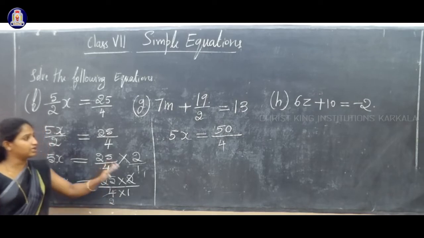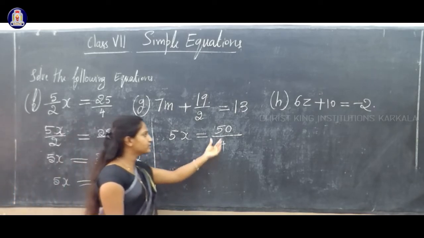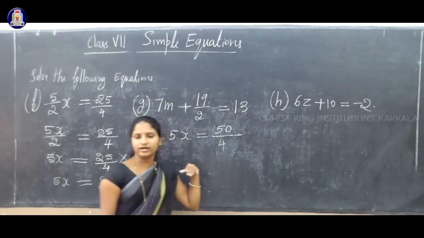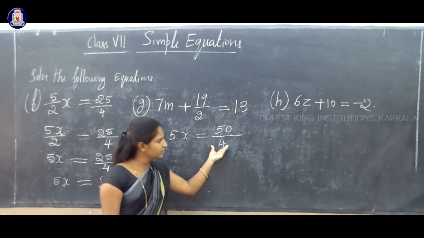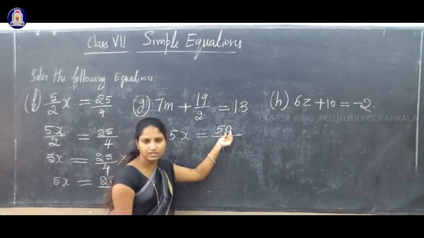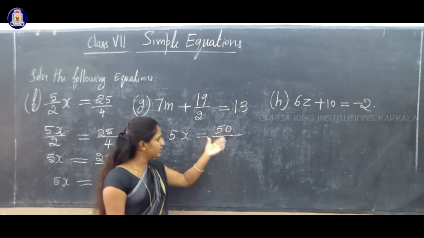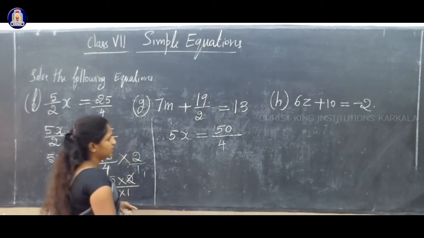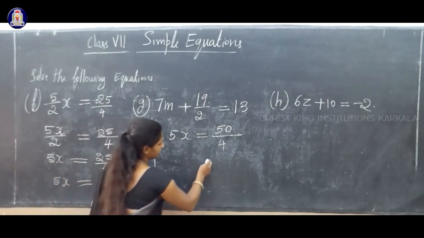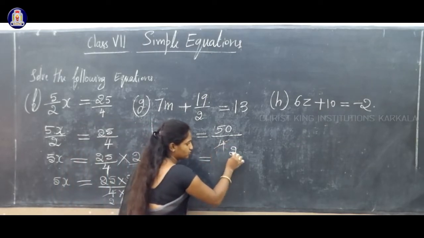Or you can multiply first and then divide, like 50 by 4. 50 and 4 are divisible by 2, because the last digit of 50 is 0, so 2 divides. Both are even numbers, so we can divide both numerator and denominator by 2. 2 how much are 4? 2 2s are 4.